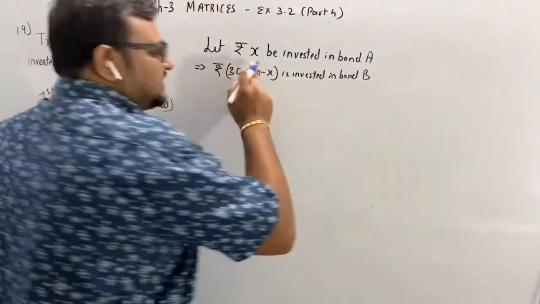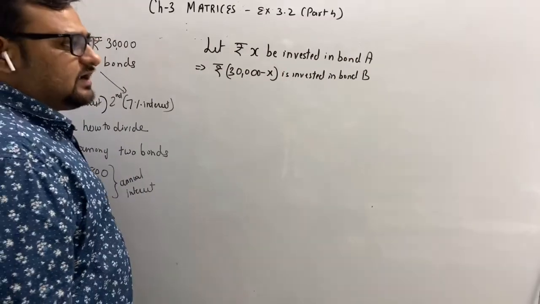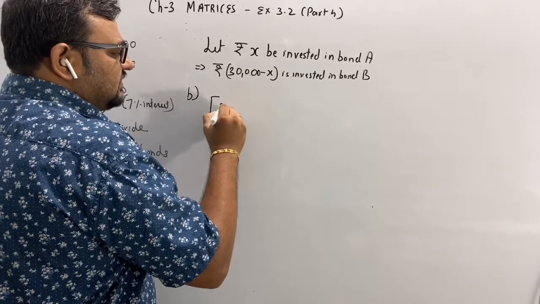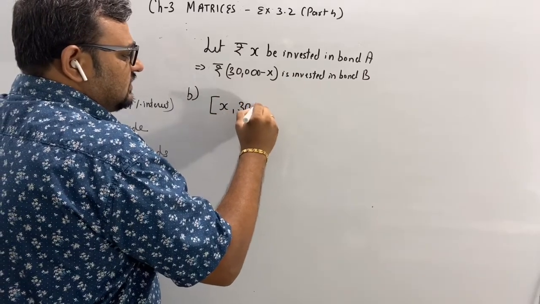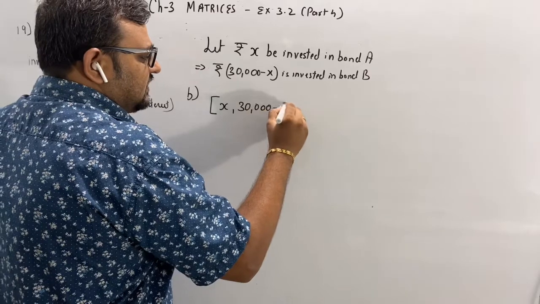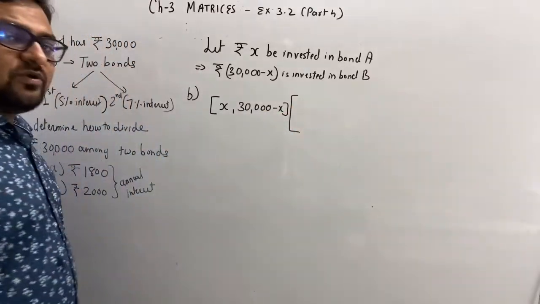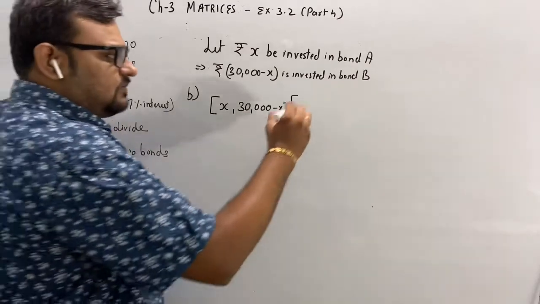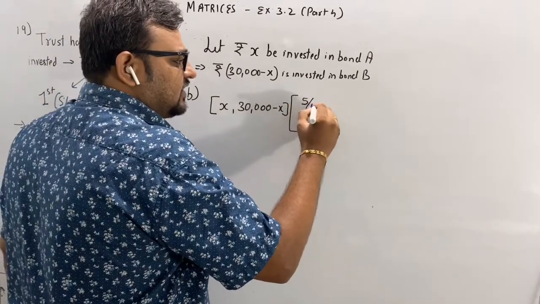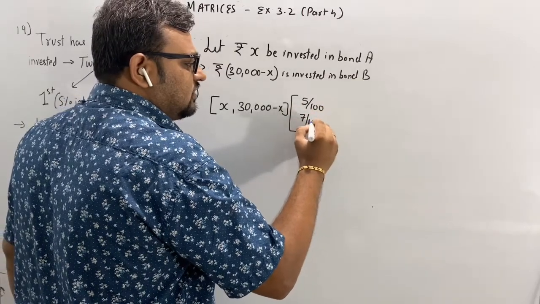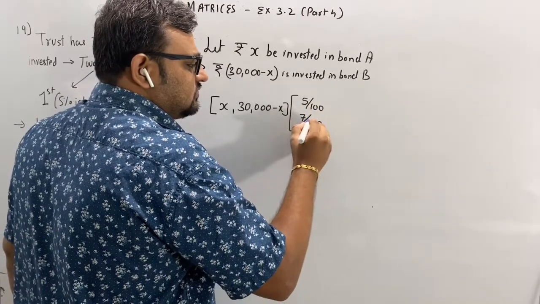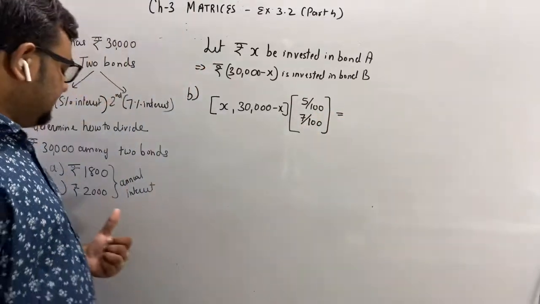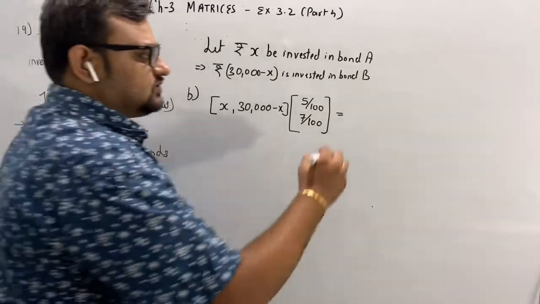Again I will use the same thing: X in bond A, 30,000 minus X in bond B. So the matrix will be X, 30,000 minus X. The matrix for interest, 5 and 7%, is the same, so I will write 5 by 100, 7 by 100. But now this must be equal to 2000.